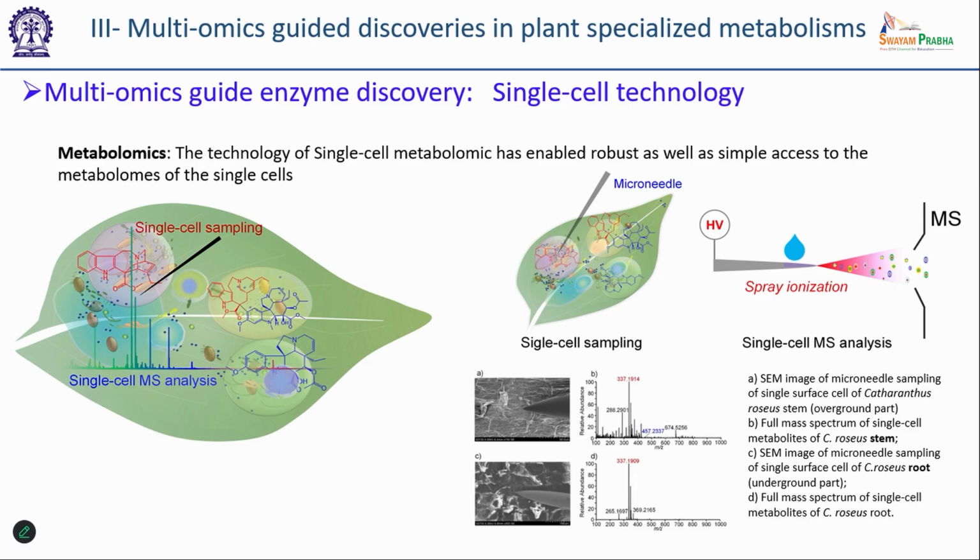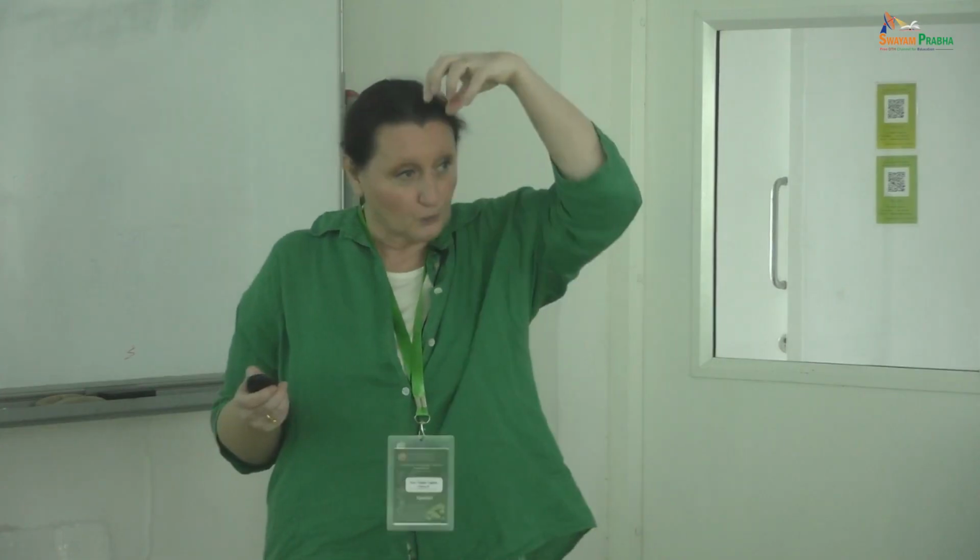So you can, with micro needles, so you need to have a microscope, and you don't have to take the micro needle directly by hand. It's always manipulated with micro systems. And in this way, you can take the content of the metabolites of just one cell, that can be linked with the transcriptome of this one cell.